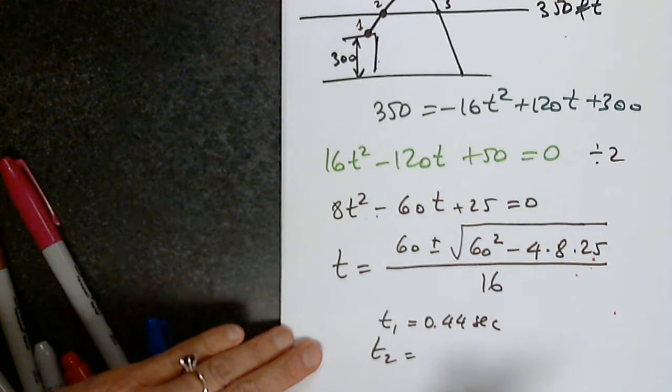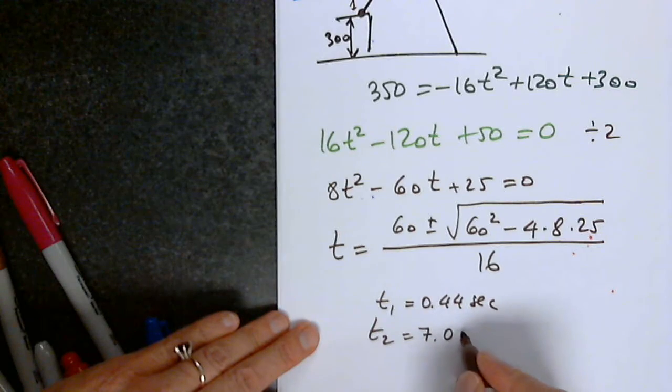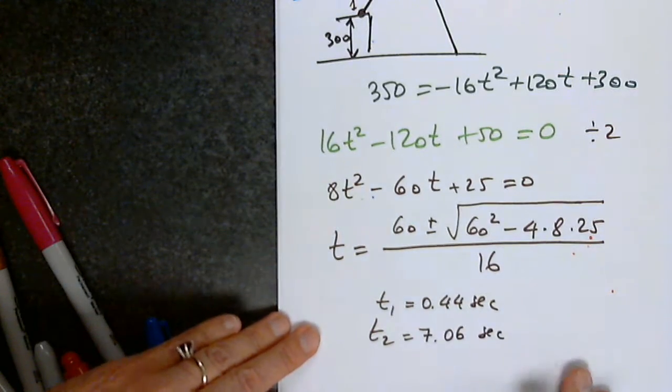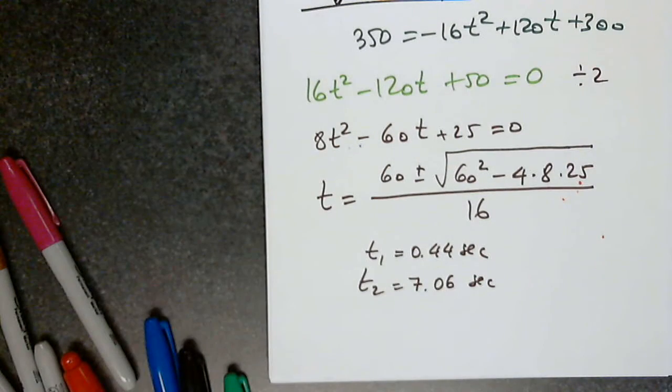I'm going to call it T2. How much? 7.06. Exactly. Next question. Explain why part A has two answers. On its way up and on its way down.